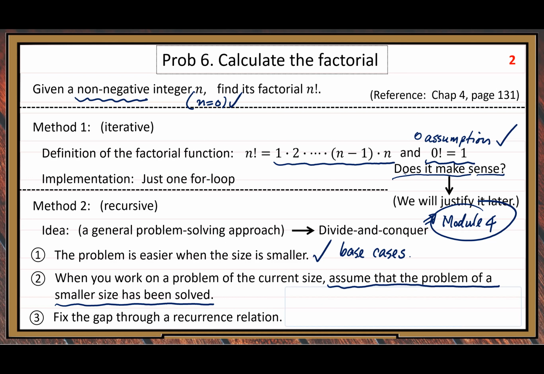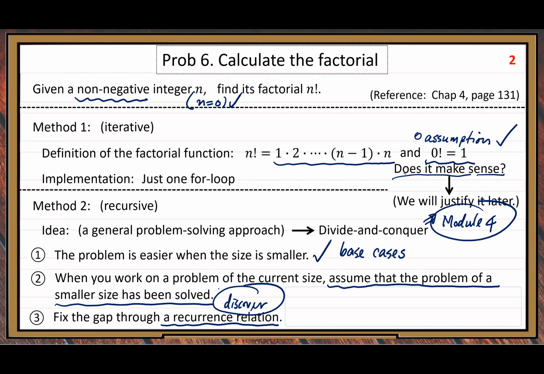That fixing formula, the formula to fix it, that is the recurrence relation. If we can discover a recurrence formula or equation, then we can fix the gap between two different problem sizes.